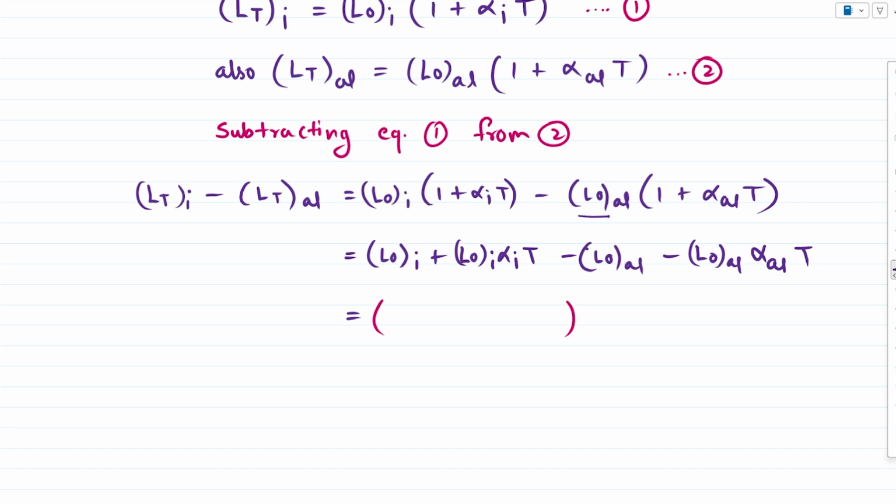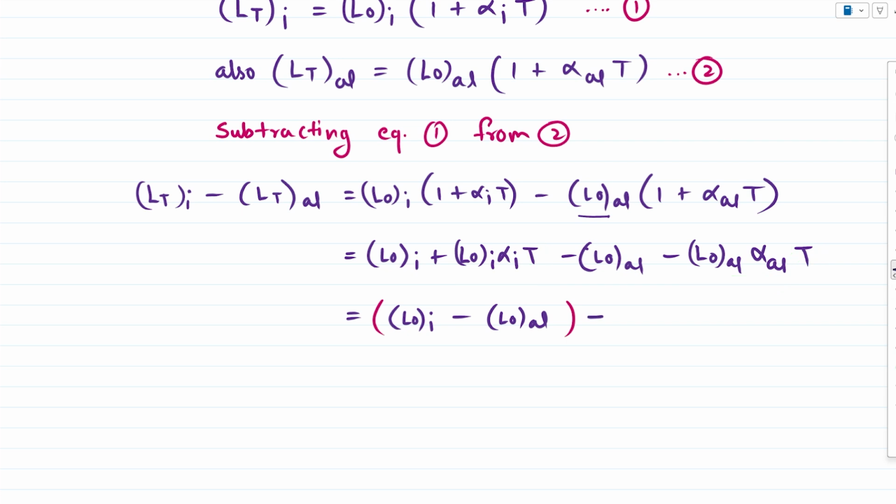So in this bracket we have L naught of I minus L naught of AL, and then let's take this term and this term together, and let's take out temperature T common from both the terms as well.